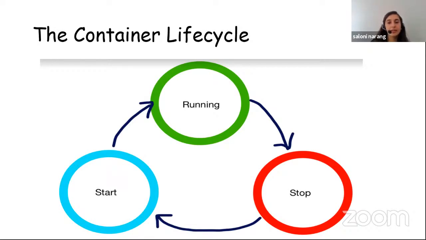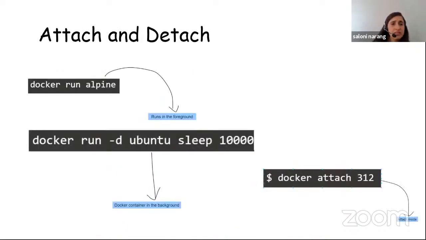Then when it was stopped, we tried to start it again, and it again came to the running status. And this is the attach and detach mode, which I have explained today. If you give -d or detach, the Docker container will run in the background. Attach mode is always used to use the existing container to perform some actions on it.